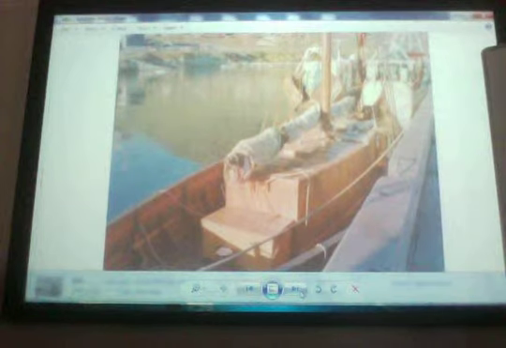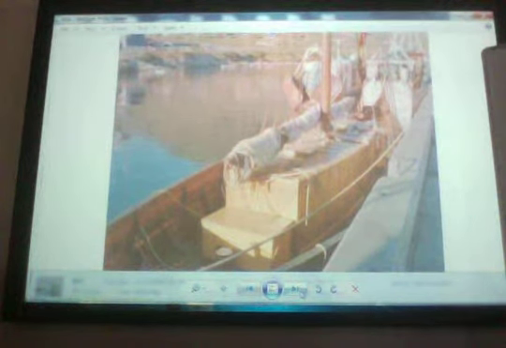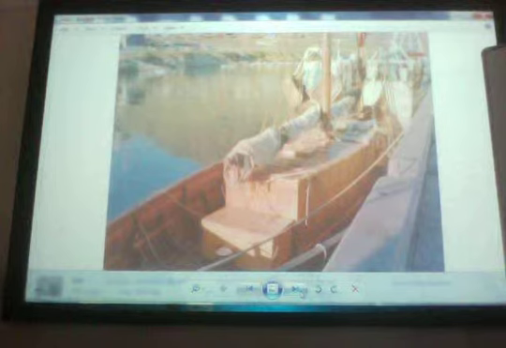Most people think that Columbus discovered America 500 years ago or something. That is not really correct, because Eric the Red was there before.